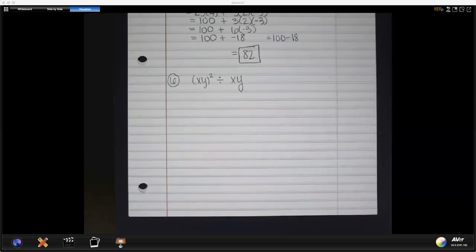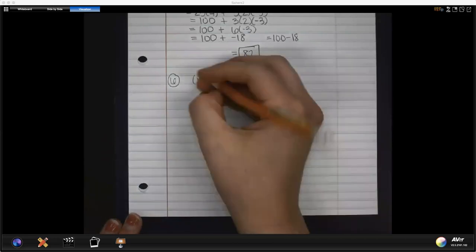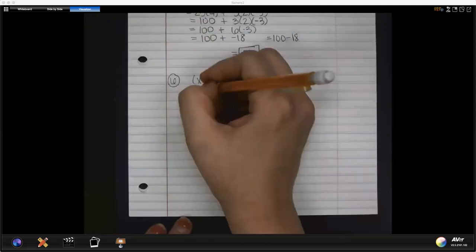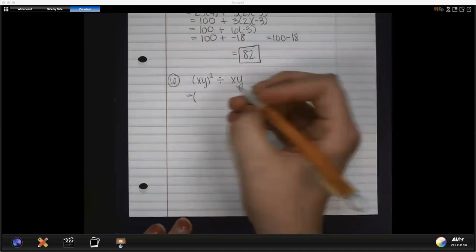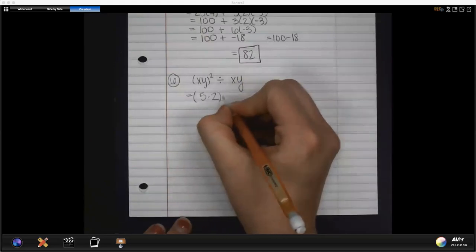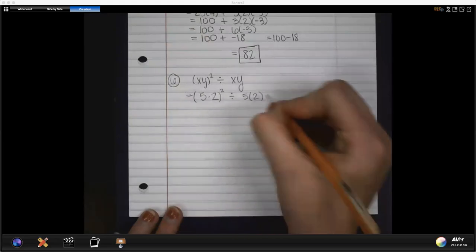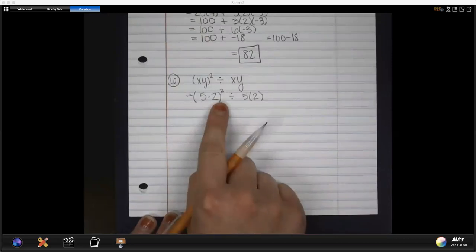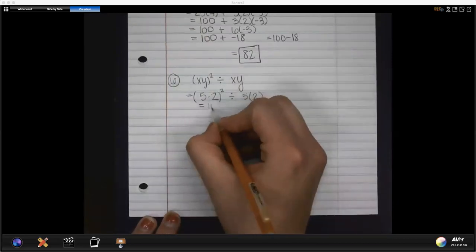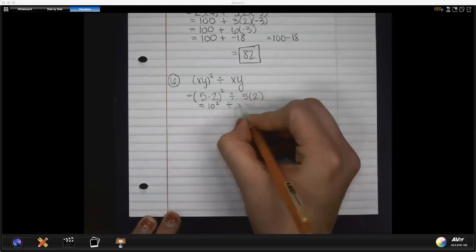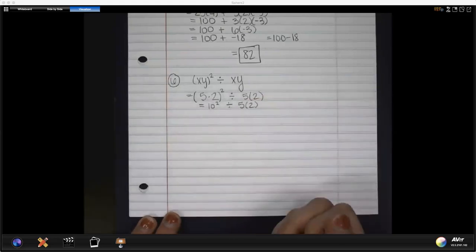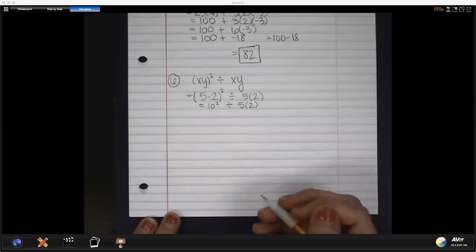Okay, let's see what we should have gotten. There was a handful of people that got the answer. Don't share the answer, that's too late. Okay, we are going to go over it. All right, parentheses, 5 times 2, quantity squared, divided by 5 times 2. 5 times 2 is 10. 10 squared is 100.